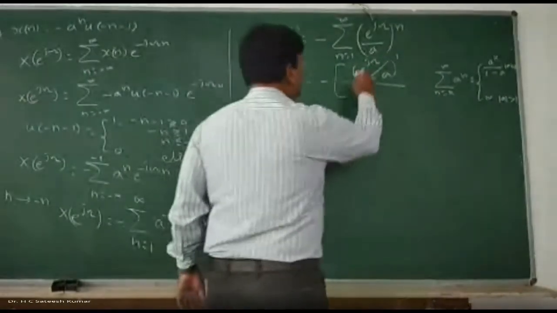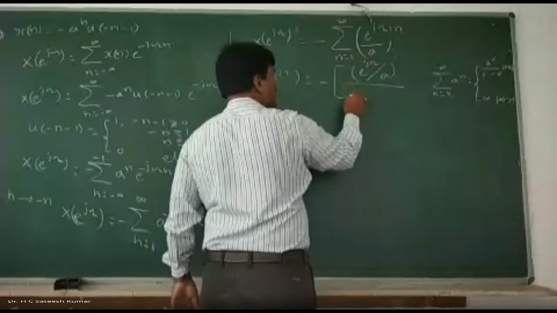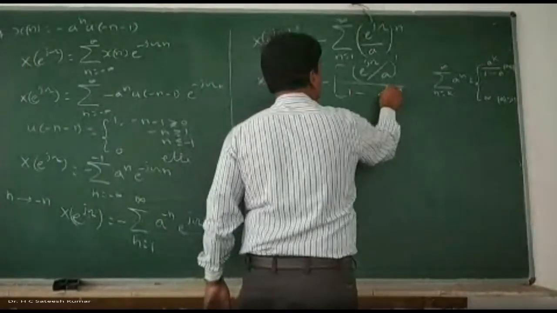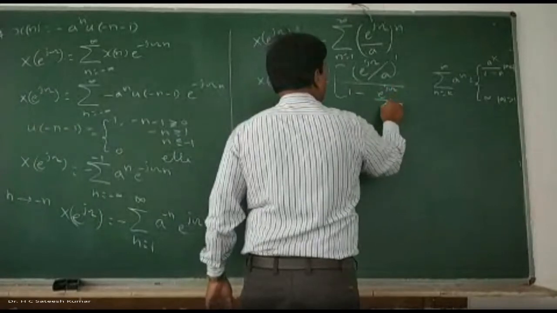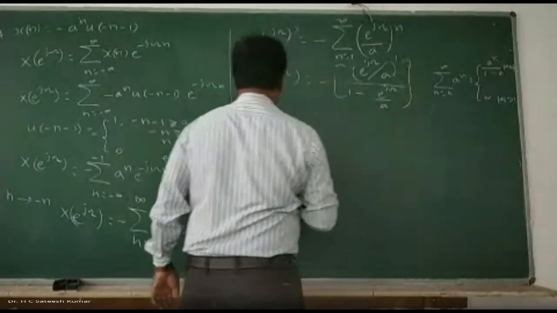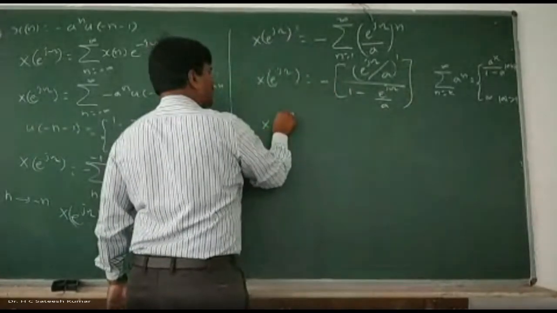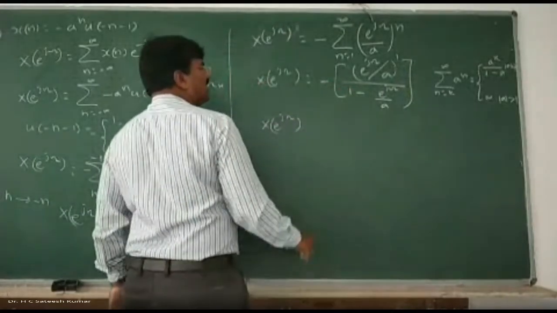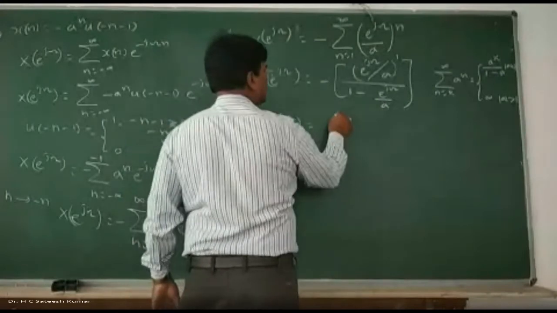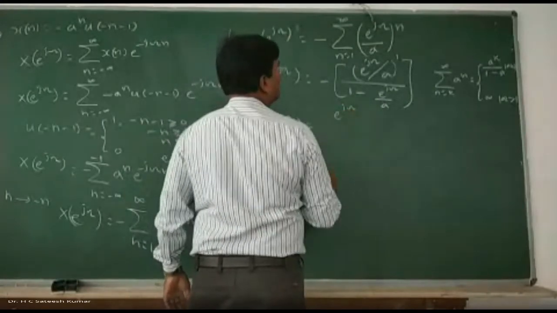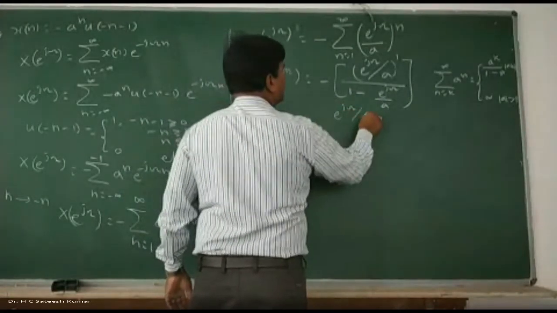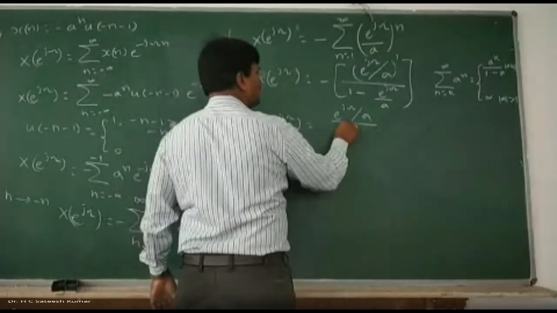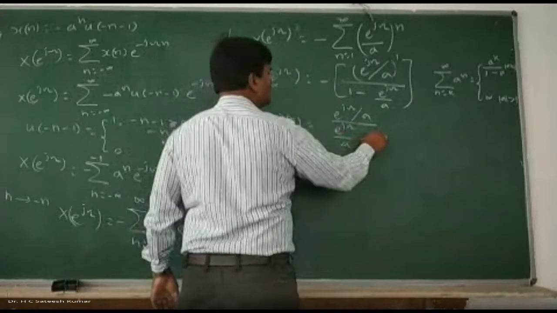Divided by, now a is here, e to the power of j omega divided by a, 1 minus e to the power of j omega divided by a. So x of e to the power of j omega, take this minus sign here inside. So we can write it as what? E to the power of j omega divided by a, divided by e to the power of j omega by a minus 1.